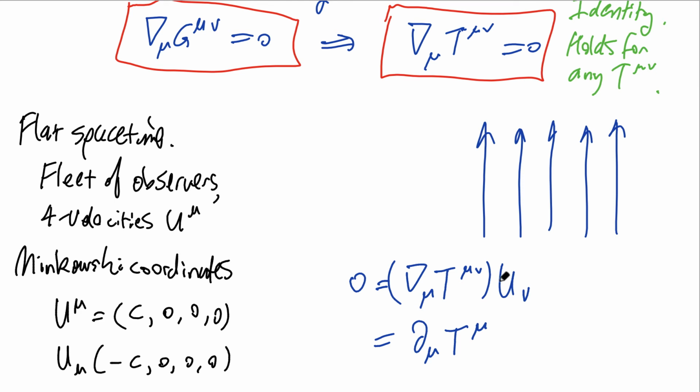But now the only non-zero component of u is the 0 component. So this is T^{μ0} times -c. But since this is equal to 0, let's just drop the -c. And we have 0 equals ∂_μ T^{μ0}. And now let's integrate this result over some region of space-time, some space-time volume.